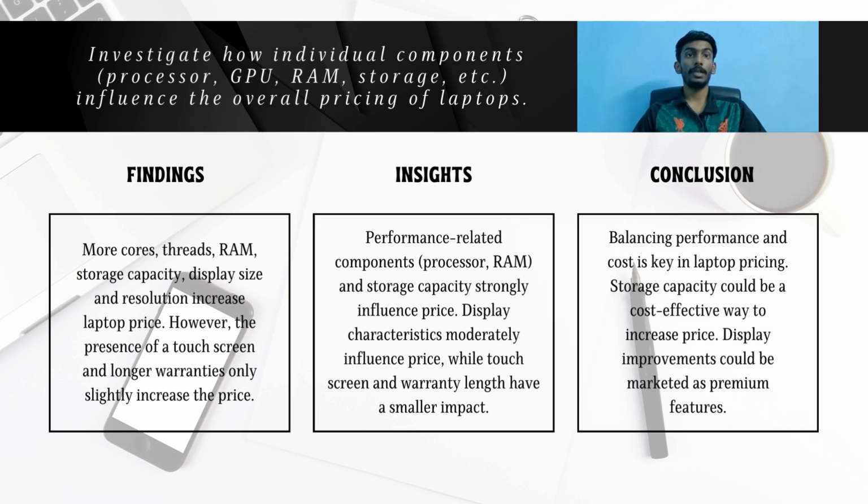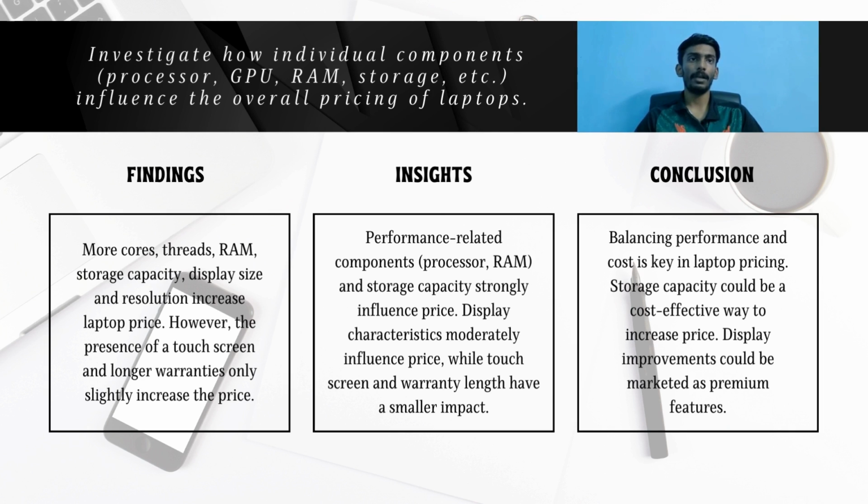From our findings, we get to know that for processor, more cores and threads in a processor are associated with a higher price, likely due to improved performance. And for RAM memory, more RAM, which allows for simultaneous applications, is associated with a higher price. For storage, larger primary storage drives increase the price.